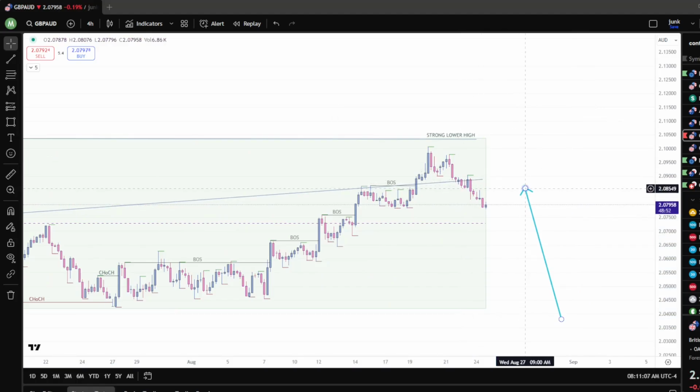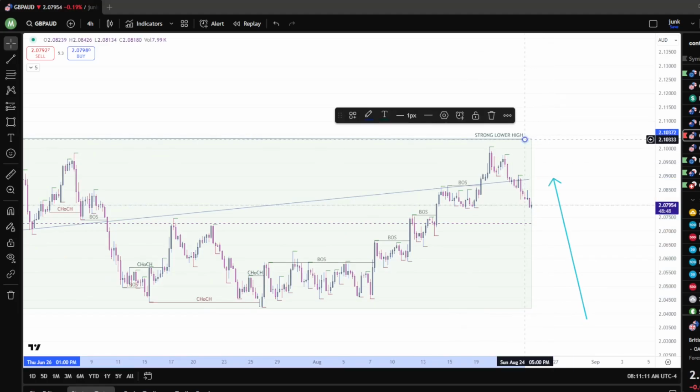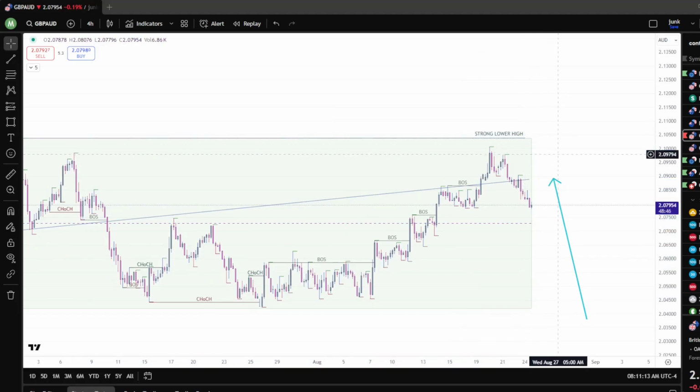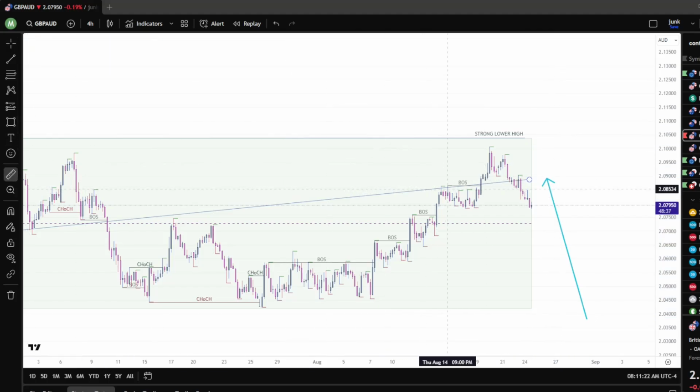And once that happened, it did not break past this lower high from the swing structure, and continued to push back down, back under that trend line we've been seeing, and back into this area of demand.